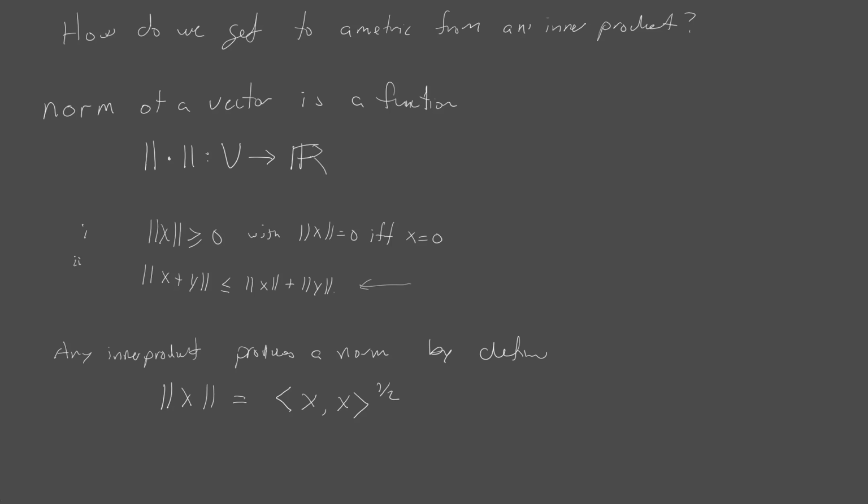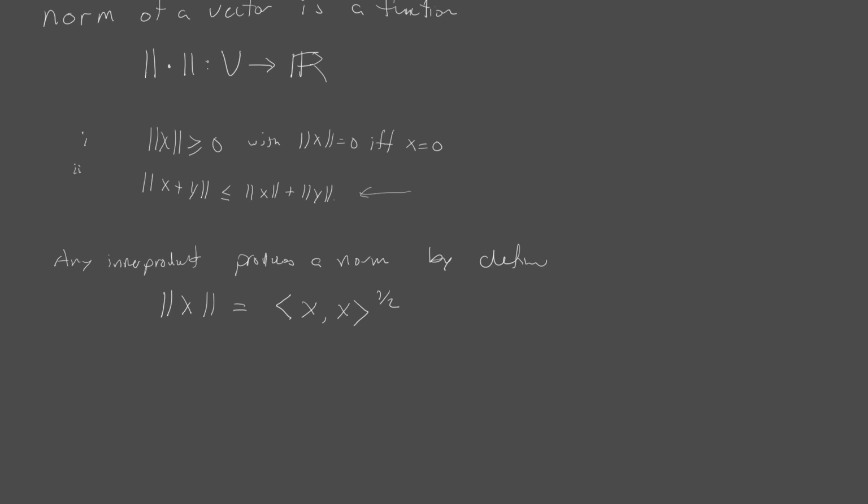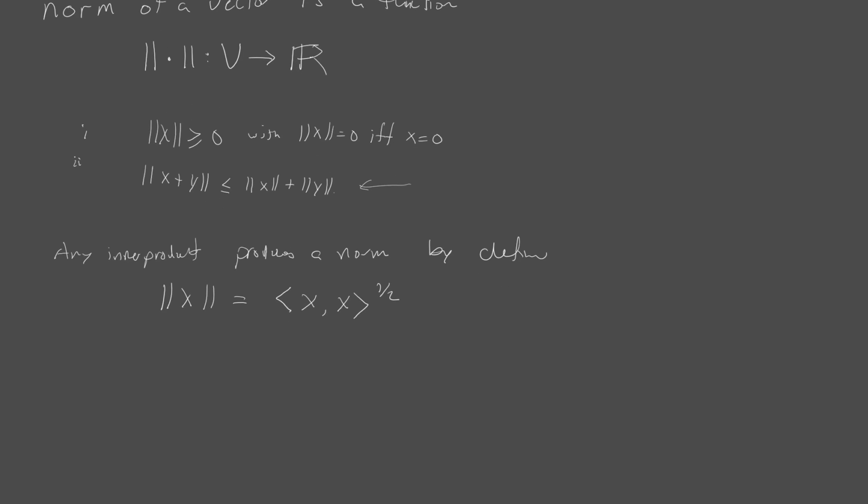I want to use the square root because that's going to allow us to get the triangle inequality a little bit easier, and it's going to work out a little bit nicer for our measurements. And this norm is going to give us the Euclidean distance in R^k, which is what we're typically used to, where you take the difference between each of the components, square them, add them together, and then take a square root.